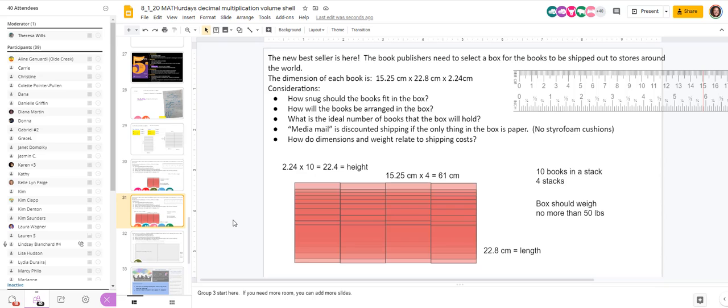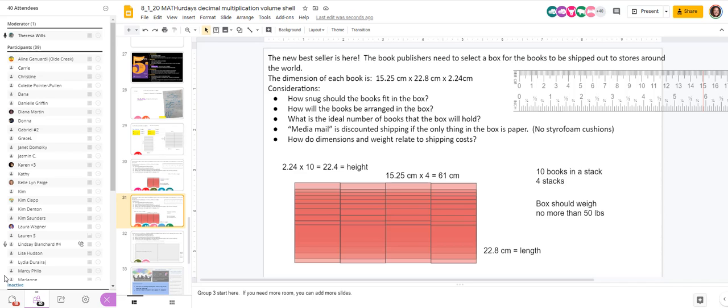We hadn't gotten to fully getting the dimensions, and that's what we are working on, but we are just trying to figure out what is the best size box to hold these books, knowing they are a bit smaller because they're in centimeters. So we're using the ruler to help us gauge the size of the books stacked on top in the box as well.